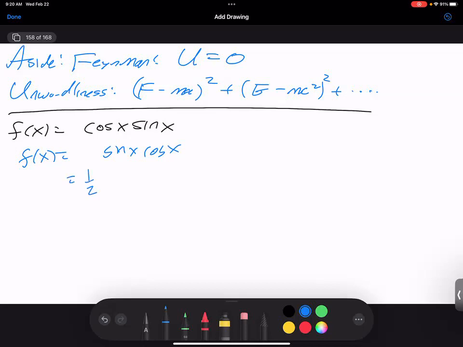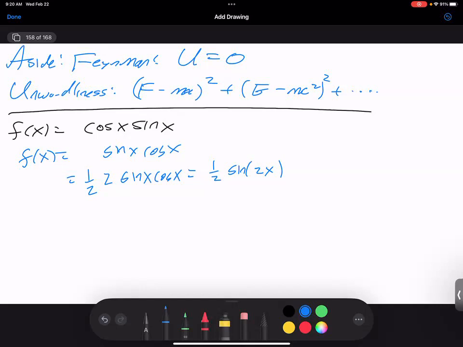So what if I write it as 1/2 2 sine x cosine x? Then it's just 1/2 the sine of 2x. And so to me, I think it's easier to see sine x cosine of x and think of the trig identity because we're just used to seeing it in that way. It's the same function. And so this is the third method.